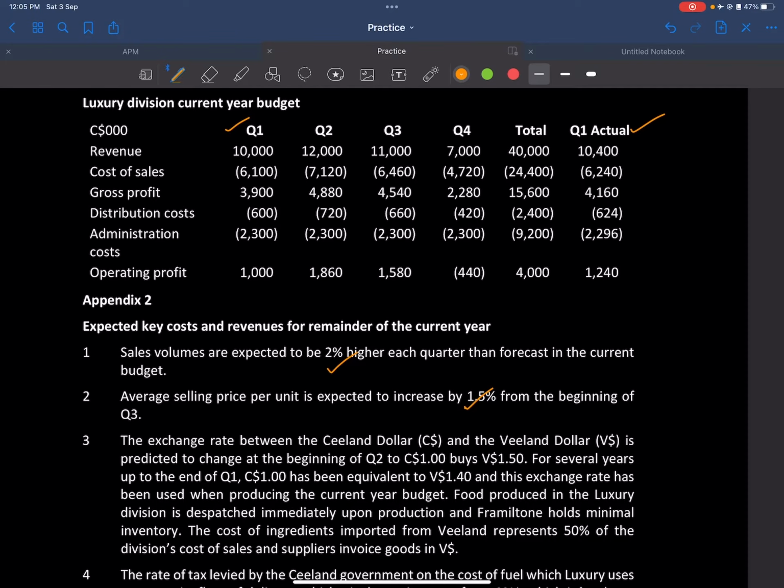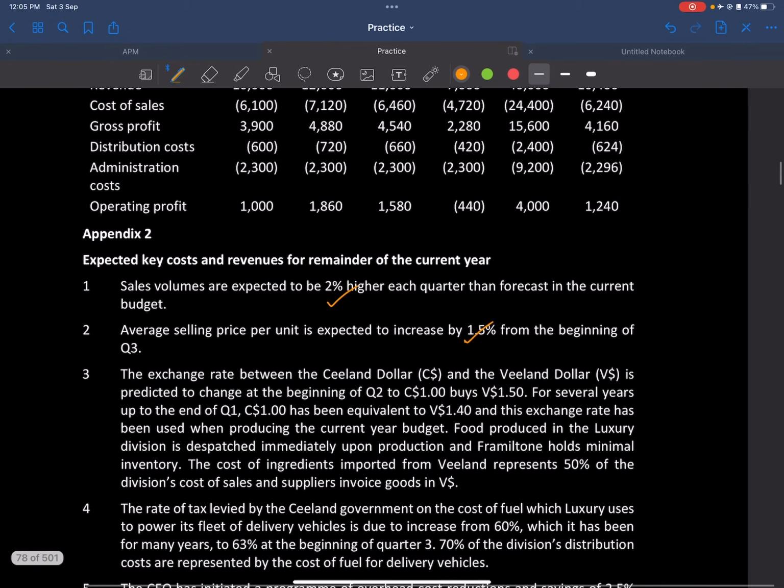So revenue is going to jump by 1.5%. But how? It should be a 2% volume increase, right? So revenue will increase based on the volume, and then revenue will also increase based on the average selling price for each unit.